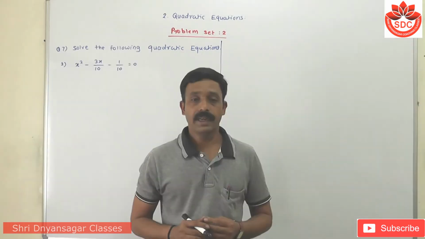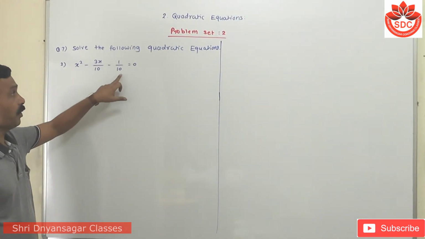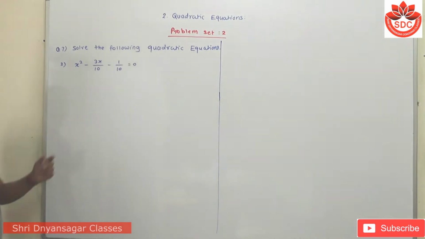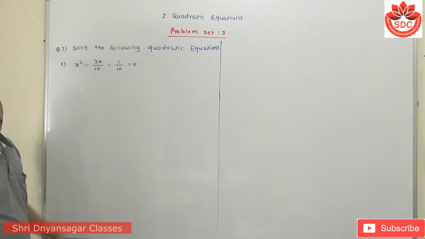Next example is x square minus 3x upon 10 minus 1 upon 10 is equal to 0. Students, first I have to remove the denominator. For removing this, multiply both sides of the equation by 10.